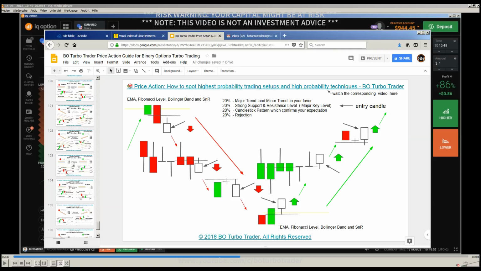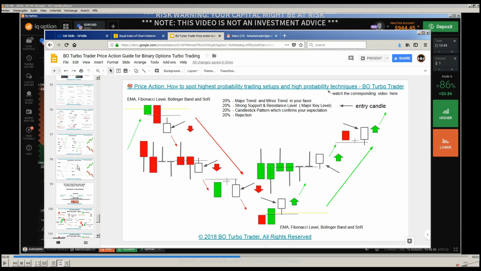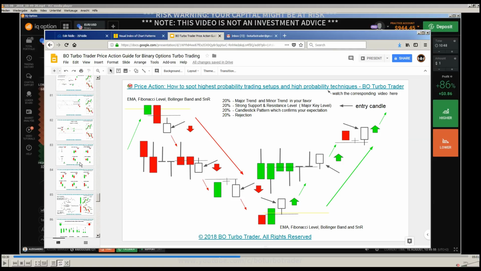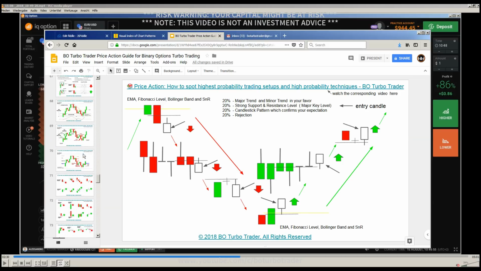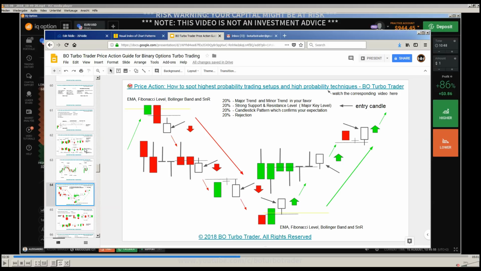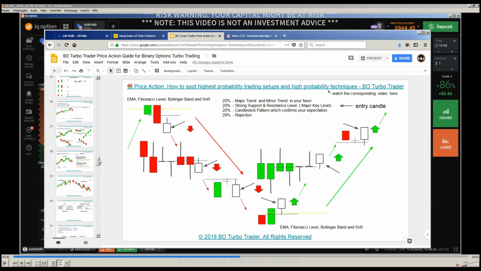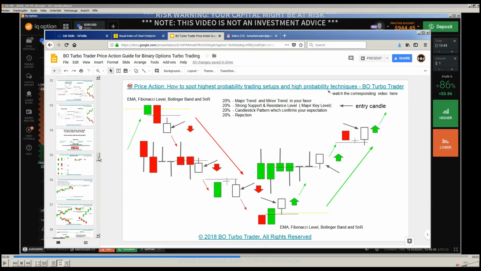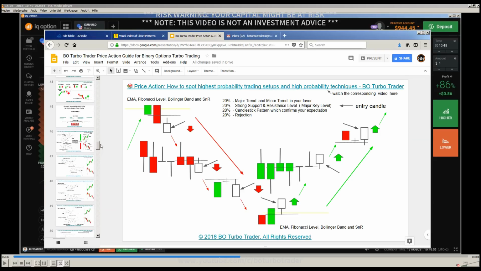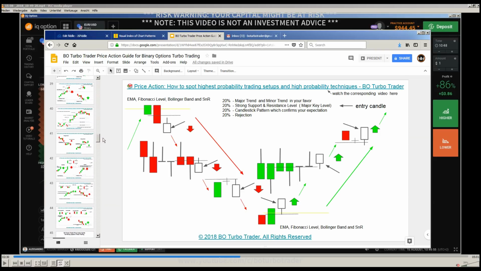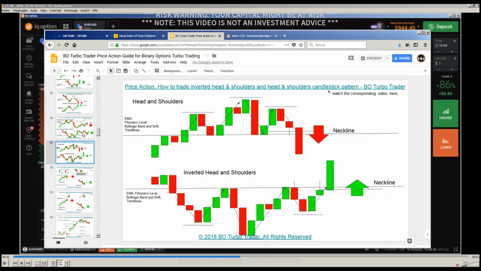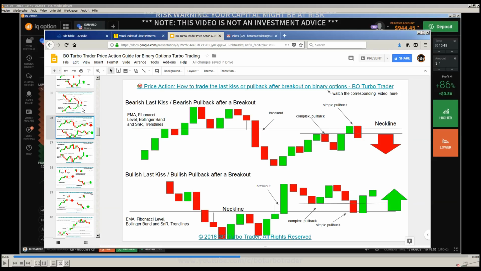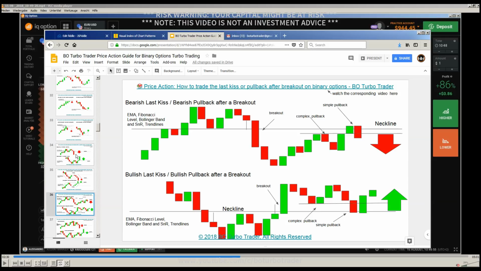Let me see where we have this, double top, double bottom, somewhere here, I have to memorize the pages. So here, this is triple, this is head and shoulders, and here we have the double top and the double bottom. Yes, that's the one.